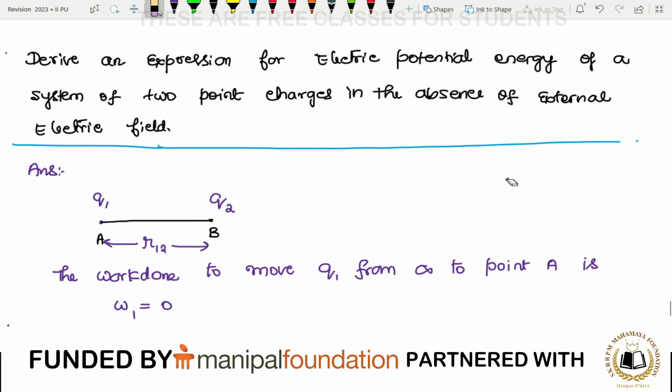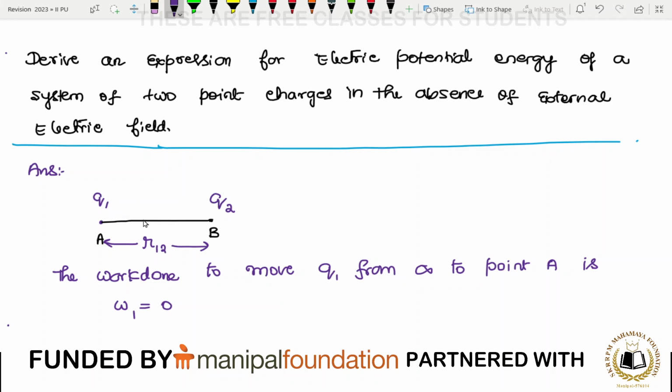We want to bring Q1 and Q2 from infinity to points A and B. To bring the first charge Q1, or Q2, anything, but we have taken Q1, from infinity to point A, no work is required, because no field is present. Now I want to bring the second charge Q2 from infinity to point B. Now Q2 has to do work against the field of Q1.